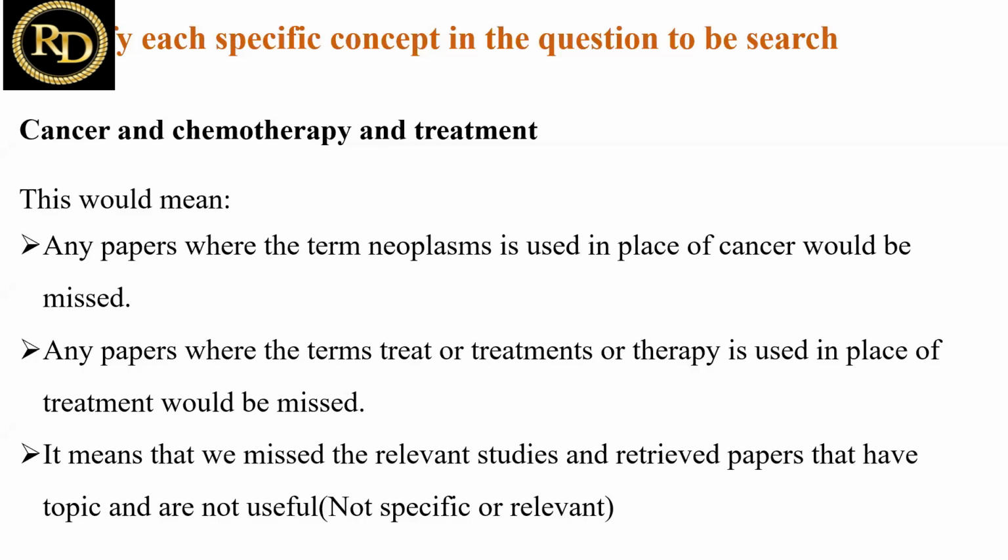But when I search with these three terms, this would mean that any paper where the term neoplasm is used in place of cancer will be missed. So if the paper is important or more relevant, we can miss our study. So we have to include neoplasm as well as cancer.